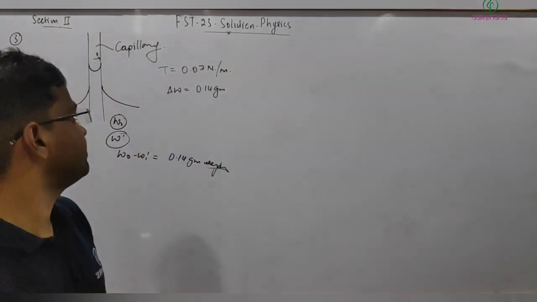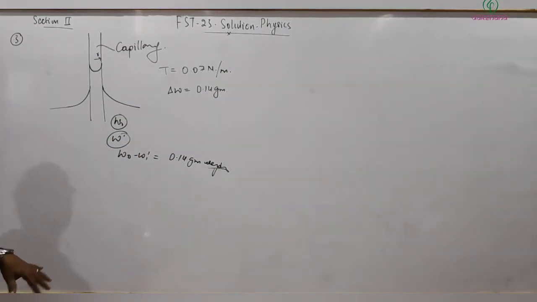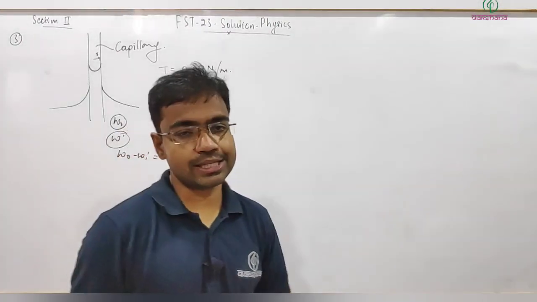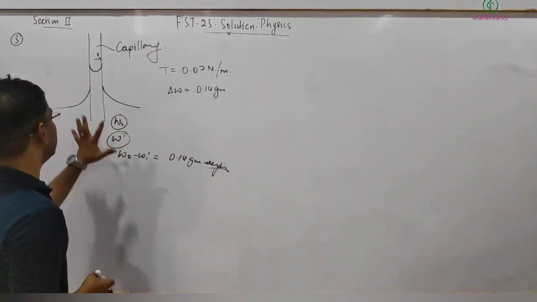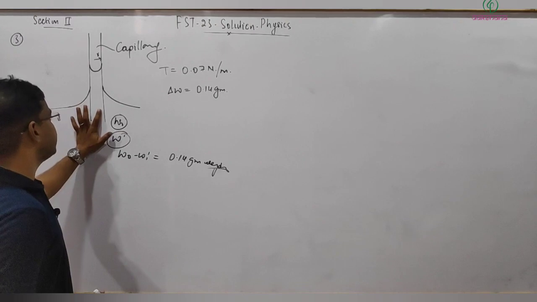The question is simple and straightforward if you are understanding it. Whatever the weight decrease is, that is because of the upward force applied by this capillary on the liquid.